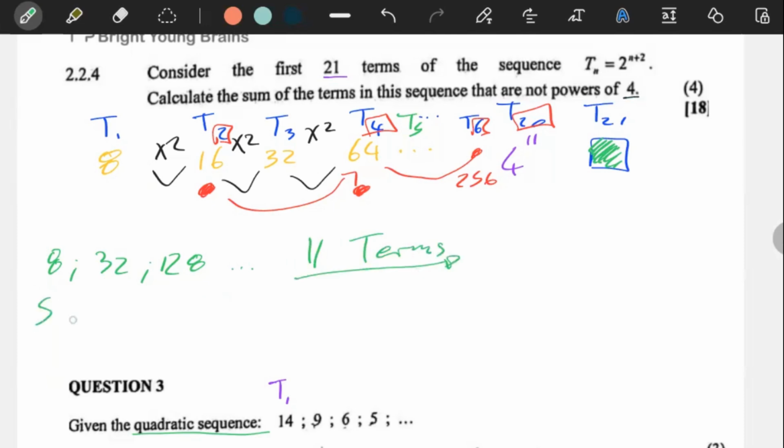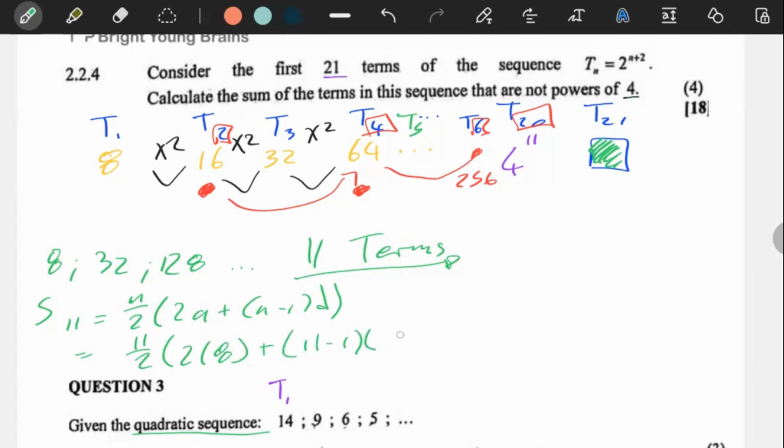So the sum of the first 11 terms in this particular sequence is what we need to work out. You see, n over 2 times 2a plus n minus 1 d. n is 11, a is 8. The common difference is just a 4. You see.